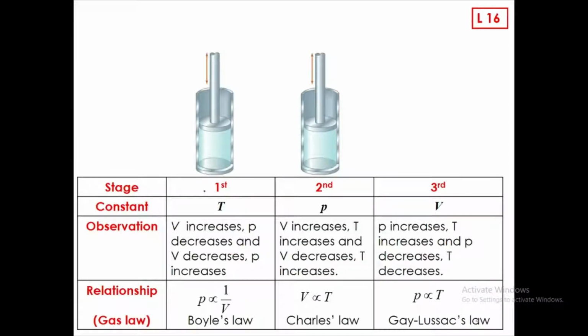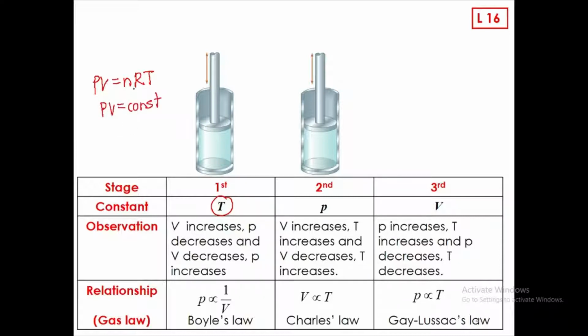Okay, if the temperature is constant, we can apply the formula PV equal to nRT. So we know temperature is constant, n is number of moles, R is the gas constant, T is constant. So we will get PV equal to constant.